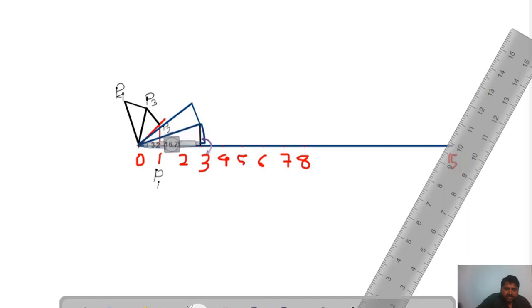Here we get the point on the number line. Also we draw an arc in this portion. Now we shift this compass to this length, and then we draw this arc also.